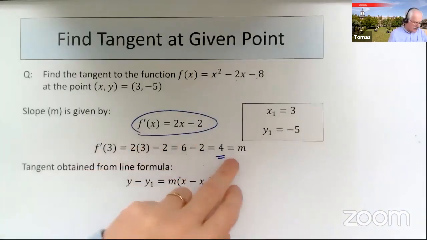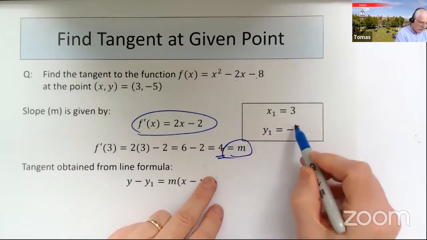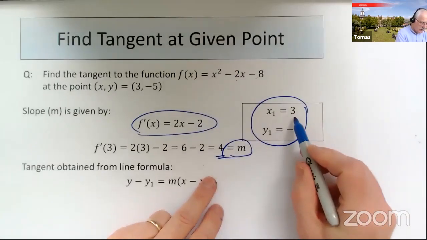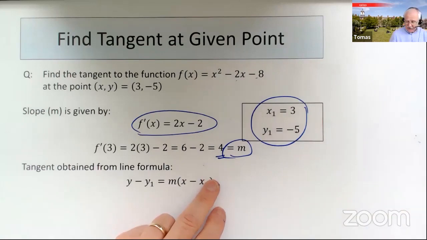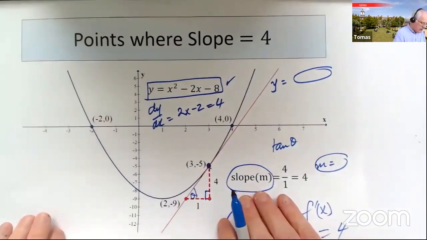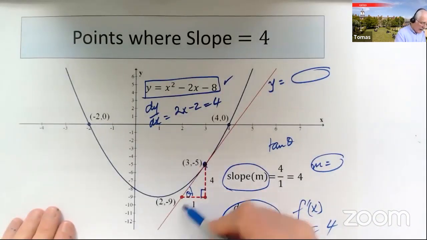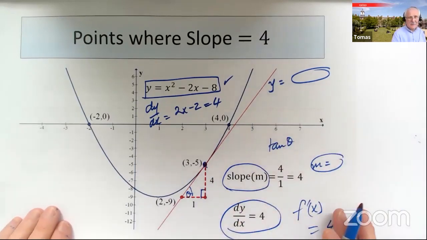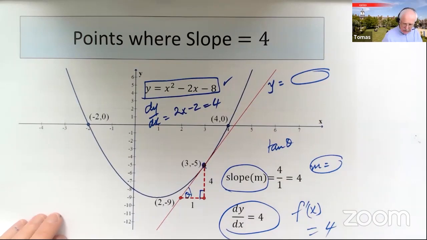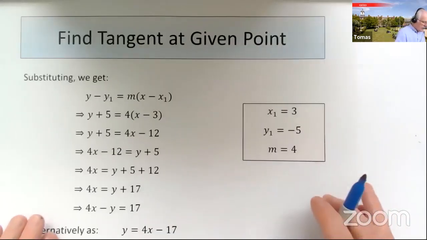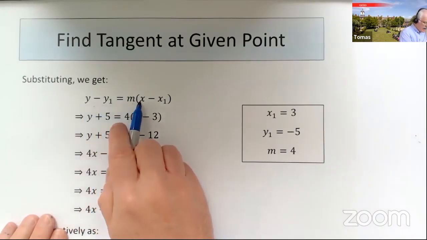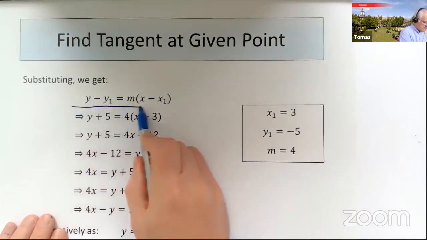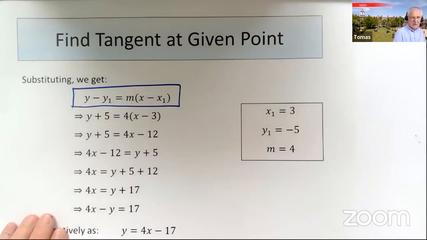So given that m is 4, and the point (x1, y1), (3, -5), is on the line: if you have a point and a slope and you want to draw a line, it's in the log tables. You can look it up. The equation says y minus y1 is equal to m times x minus x1. This is exactly from your Leaving Cert tables.